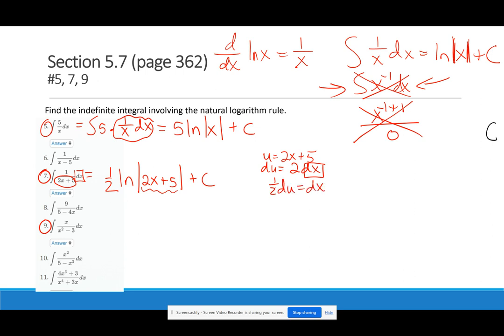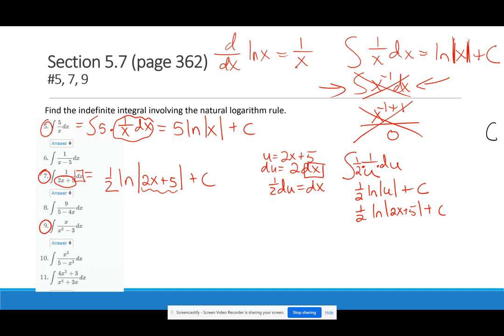And then you could rewrite the problem as the integral of 1 over u with 1/2 du. I'm going to put the 1/2 in front and the du there. It's all multiplication, so it really doesn't matter the order I put them in. Then when I do the integral, I'm going to have the 1/2 with the natural log of u plus c, and I'll just replace the u with 2x plus 5, and there you have it. Same thing we got when we used pattern recognition.